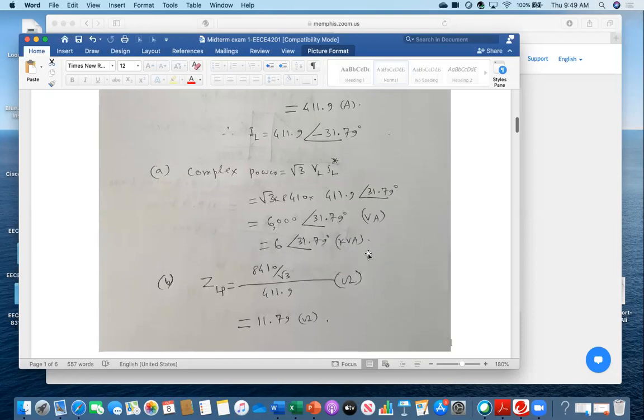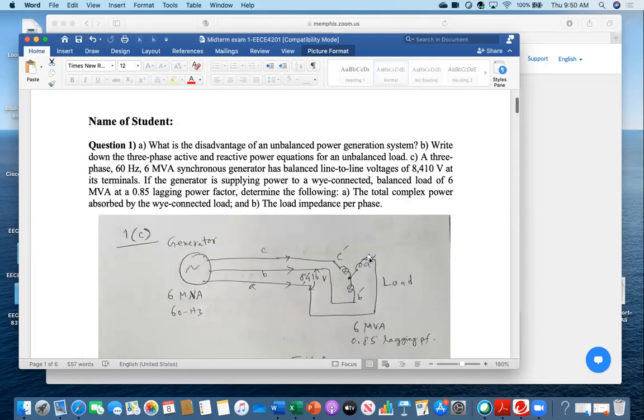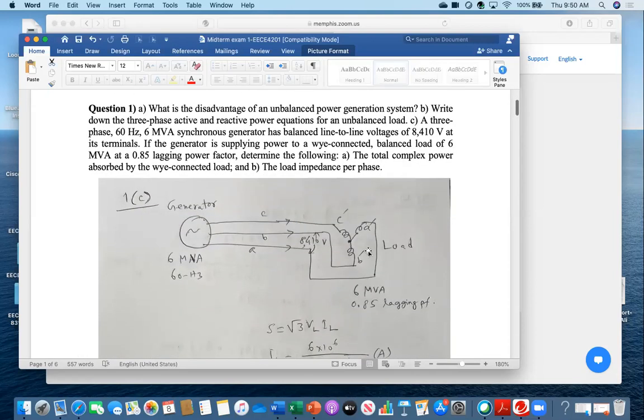Or you might express it in rectangular form. That is also correct. Many of you have converted into this plus J something. That is also right. And then come to the load impedance per phase. You just need to know the voltage across each phase.